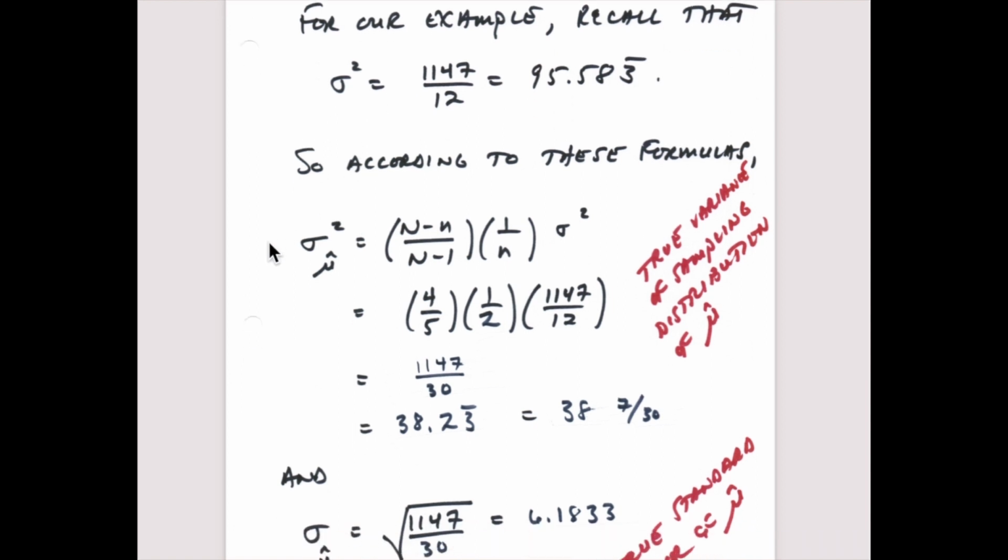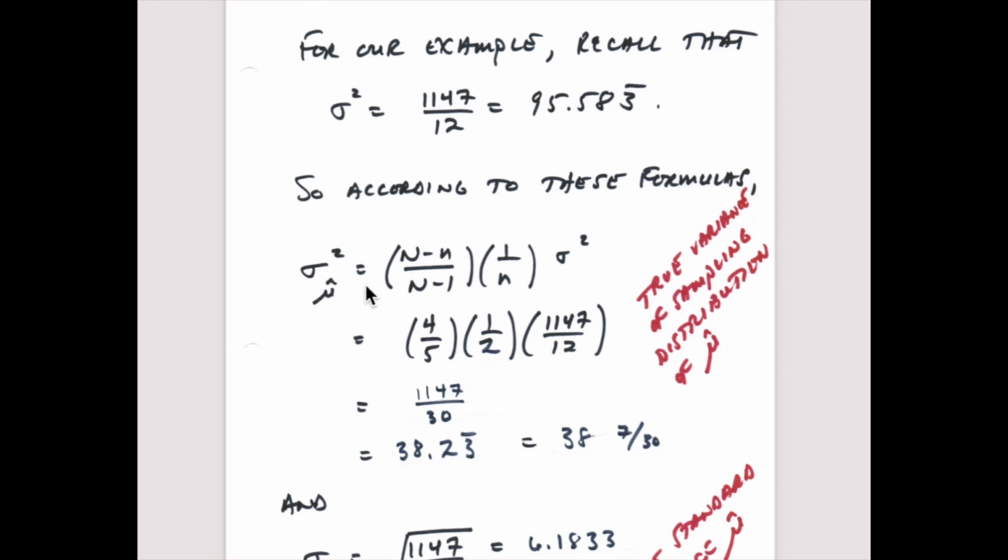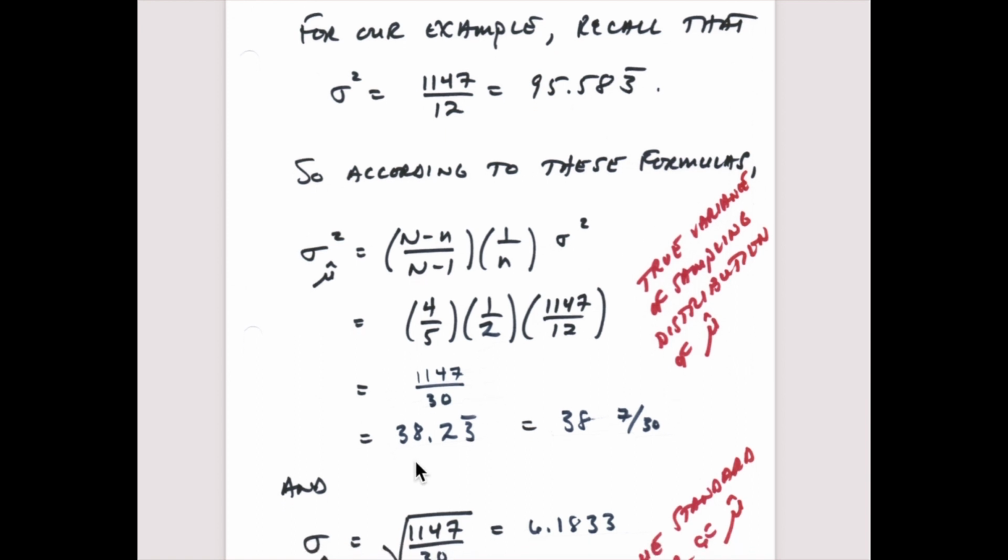Applying these formulas, we would find that the variance of the sampling distribution of mu hat, which is given by this expression here, turns out to be 1147 over 30, or 38.23 repeating, which we could also represent as 38 and 7/30.